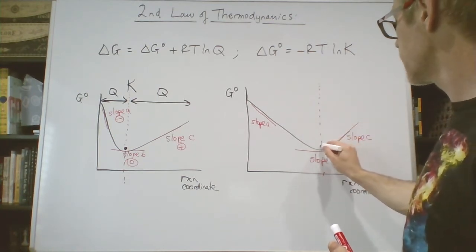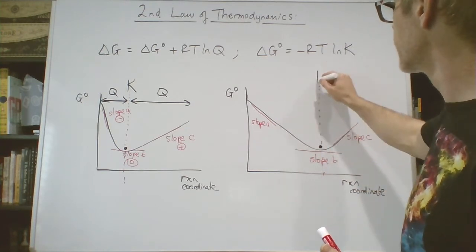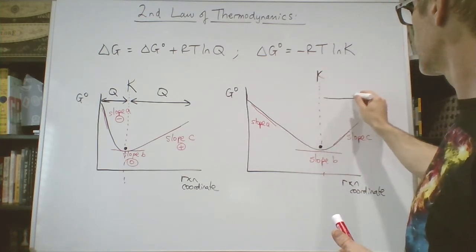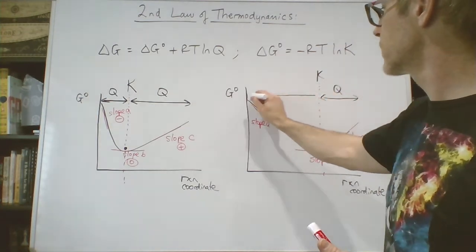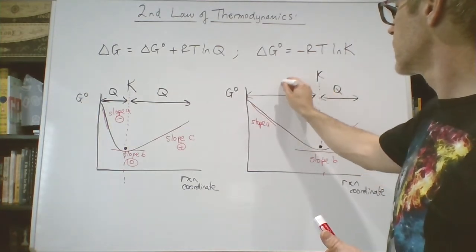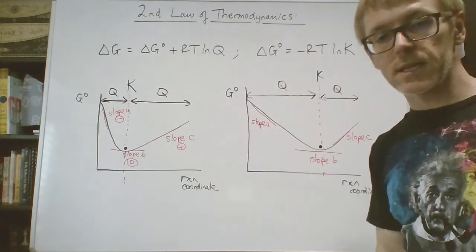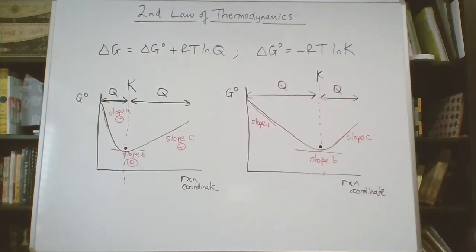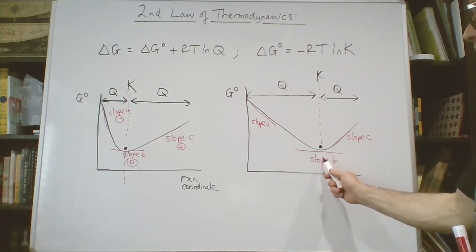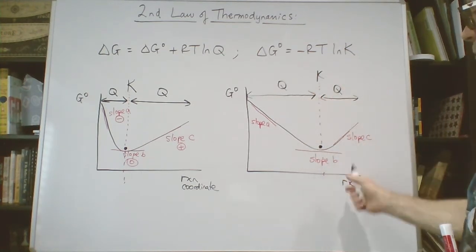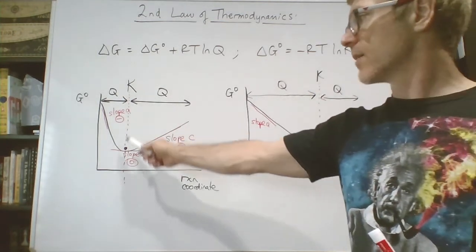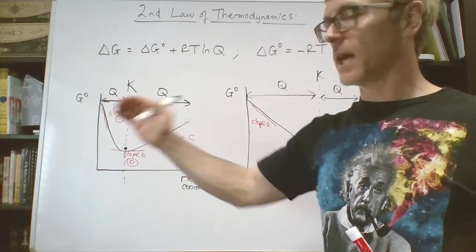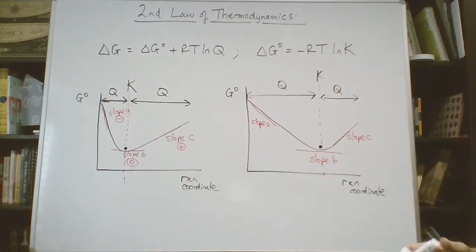Let's put our test object, our marble. Anything to the right of K is Q. Anything to the left of K is Q. Q always tends to K. The only real difference in these objects now is I have slope B further right on my reaction coordinate axis, and here I have slope B further left in my reaction coordinate axis.